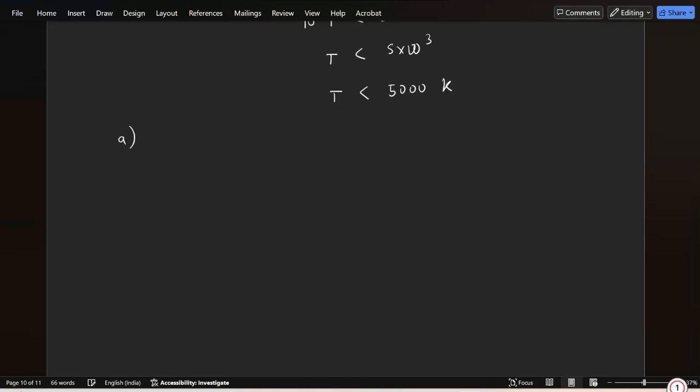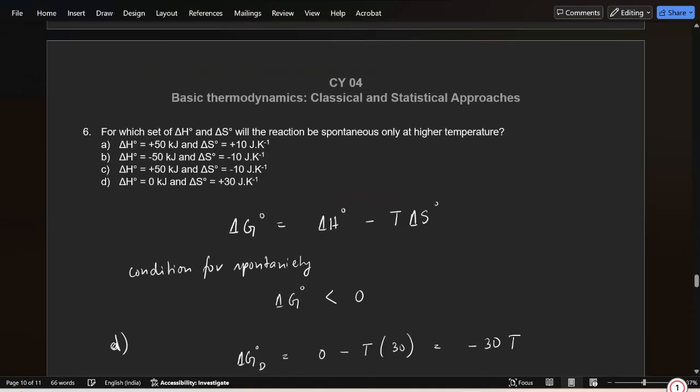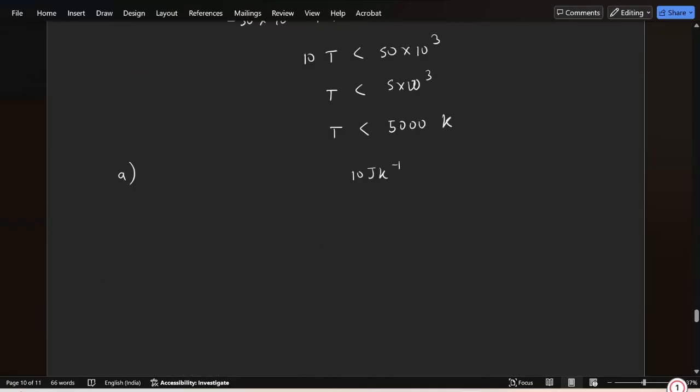The last process: delta H not is equal to 50 kilojoules and delta S not is equal to 10 joules per Kelvin. Let's check. Both are positive, yes. Now again I'm going to calculate delta G A is equal to 50 into 10 power 3 minus 10T.